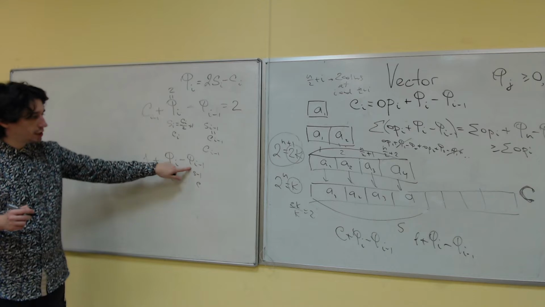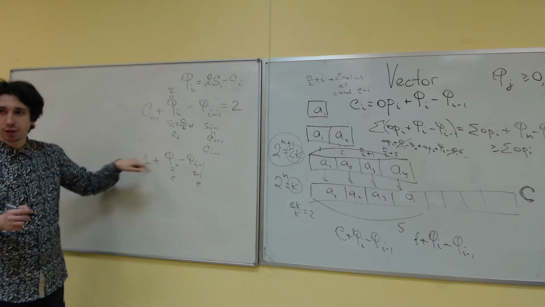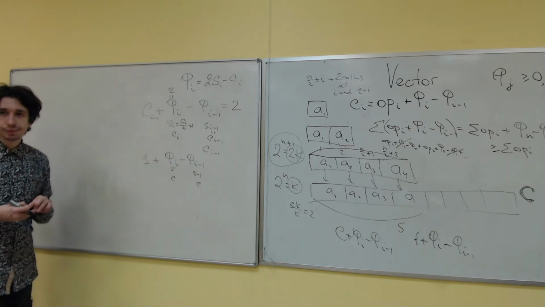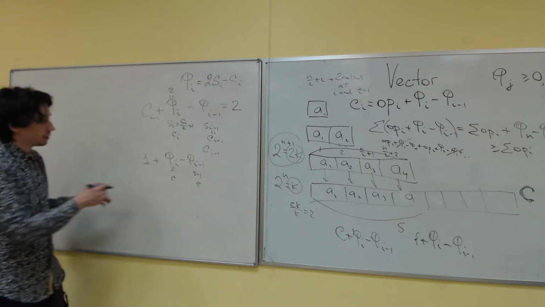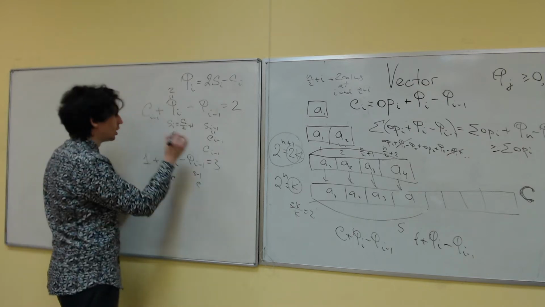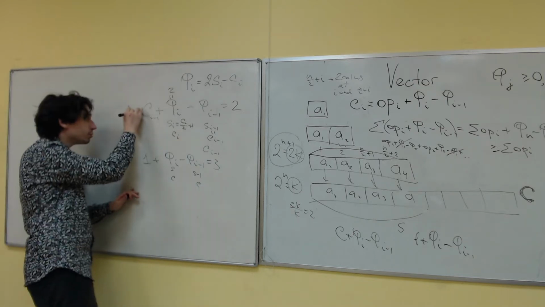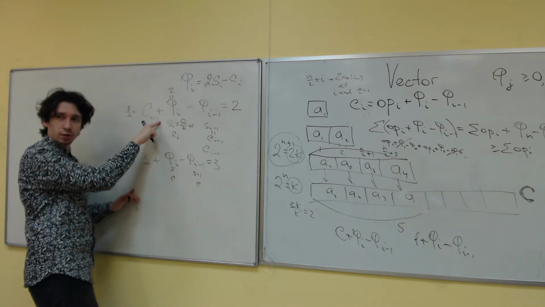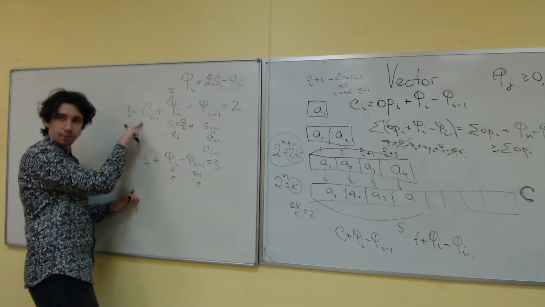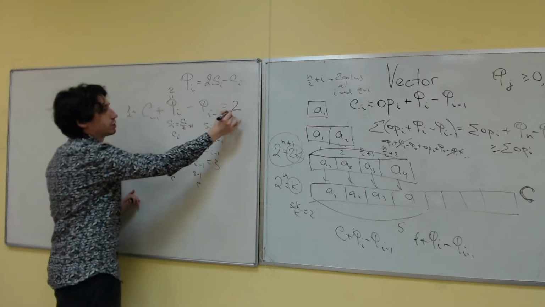Here the size is less by 1. Actually, the difference should be 2. Exactly, so it's 3. To be more precise, here should be 1, because this is for copying, and this is to put an element. So it is 3.